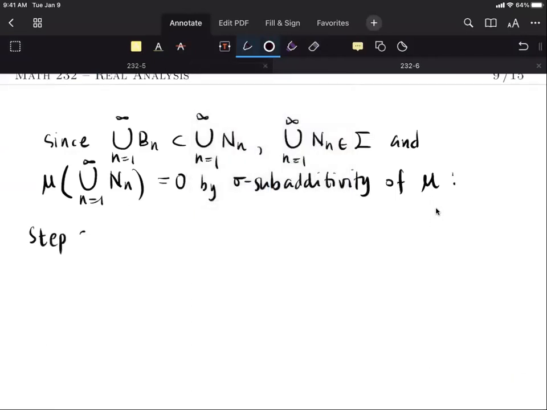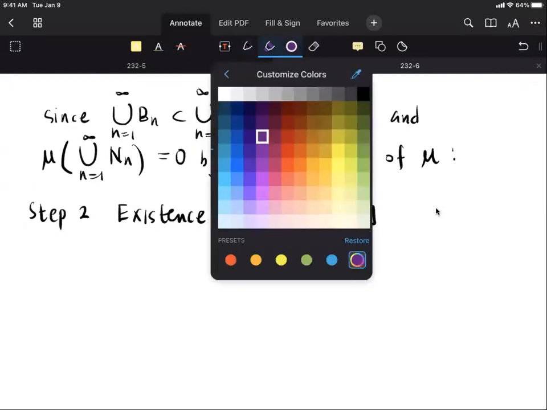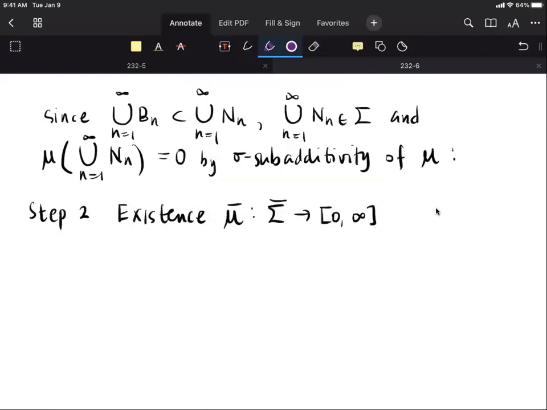Okay. Step 2, existence of your measure, extended measure. Okay, so let us highlight this one.